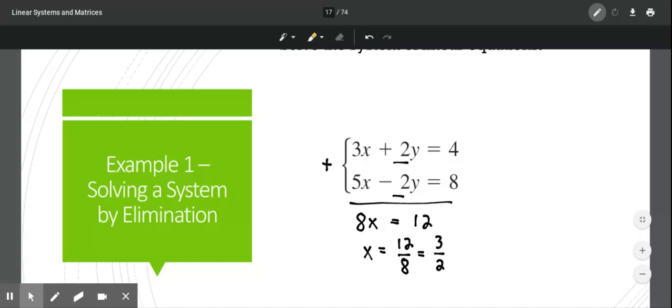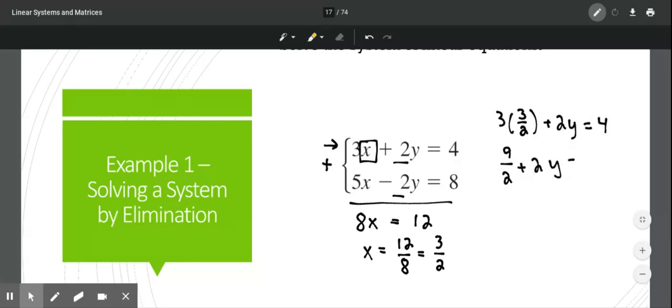And so then we would need to solve for y, and you could pick either equation to substitute back in. I'm just going to use the first one. Since I know x is 3/2, I'm going to substitute 3/2 in. So I have 3 times 3/2 plus 2y equals 4. So I have 9/2 plus 2y equals 4. 2y equals 4 minus 9/2.